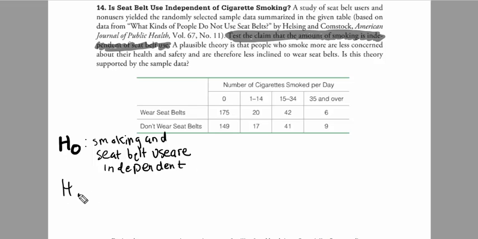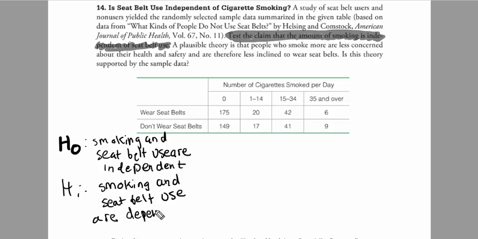And H1 is that smoking and seatbelt use are dependent, or not independent. All right, so not independent. So our claim is that they are independent.